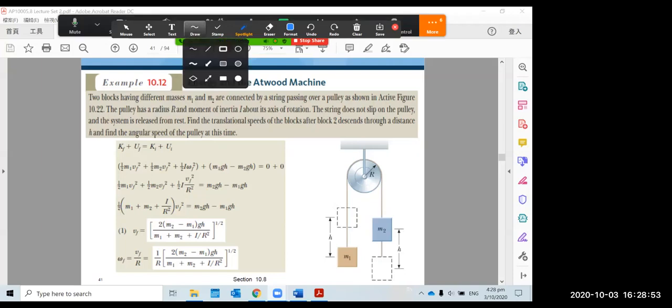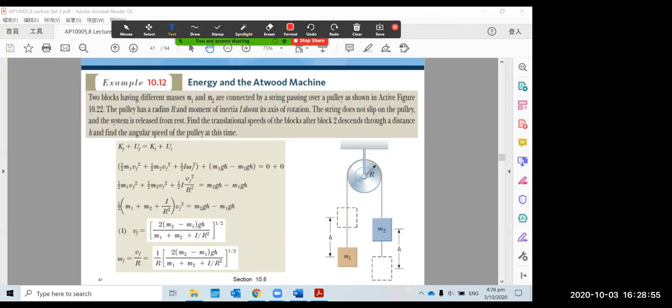So that is the equation we have seen before: V is equal to omega times R. In this way, we could connect the velocities of the particles and the angular velocity of the flywheel. So that is how we could use the conservation of energy to solve the problem.